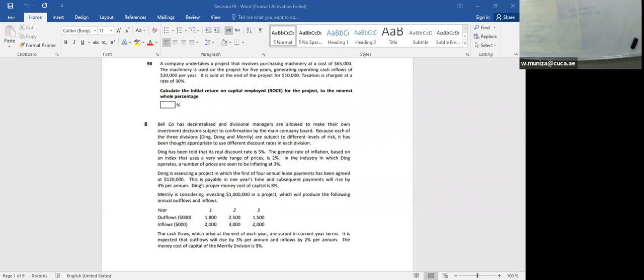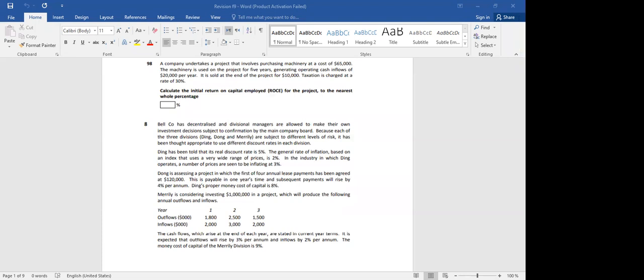In year 2, it will become 120,000 into 1.04, which is 124,800. In year 3, it will become 129,792. And in year 4, it will become 134,983. Is it, Angelica? Yeah, miss, I got the same number.